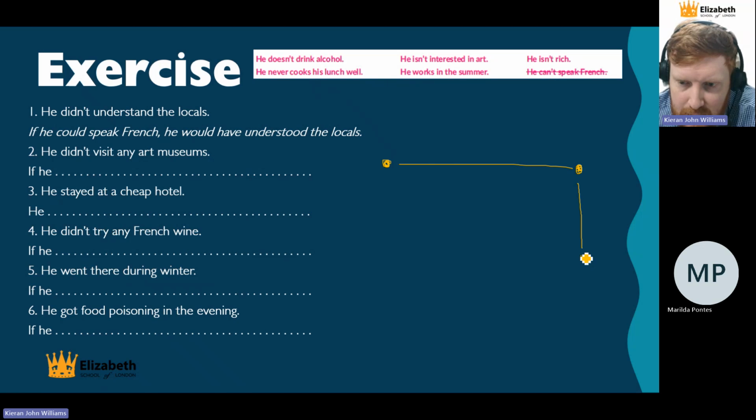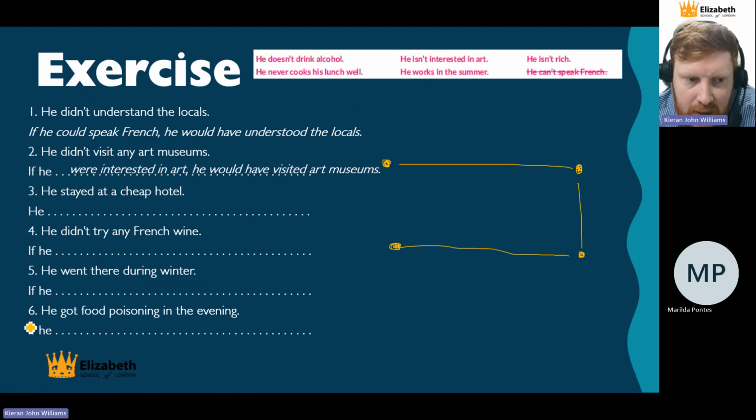Let's imagine he is interested in art. Therefore, the past would be different. So we could say if he were interested in art, now in the present, he would have visited art museums when he was in France.